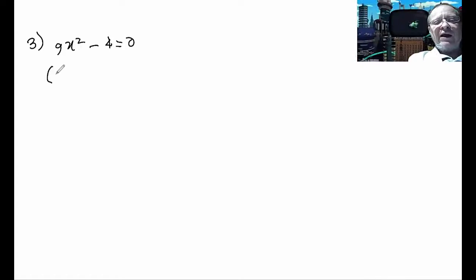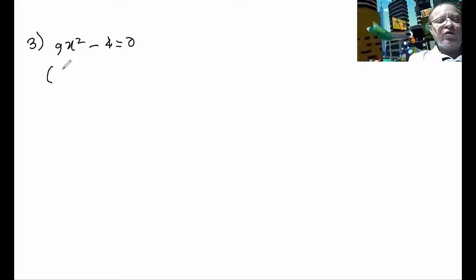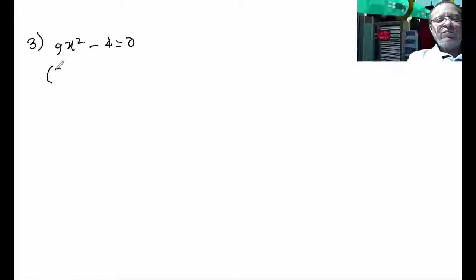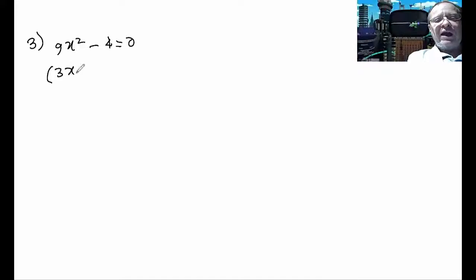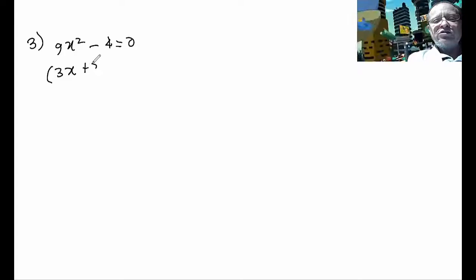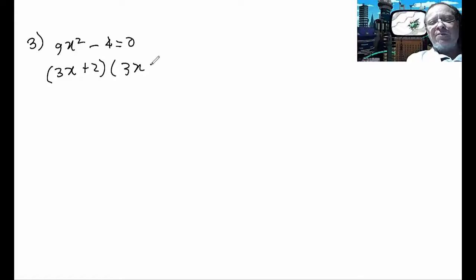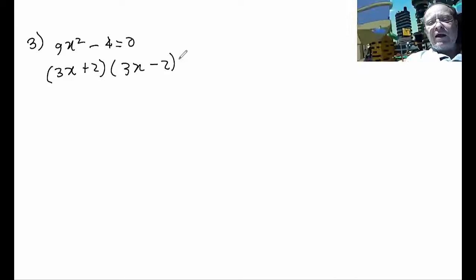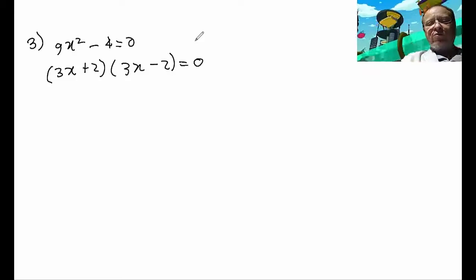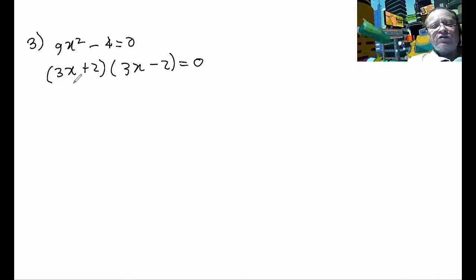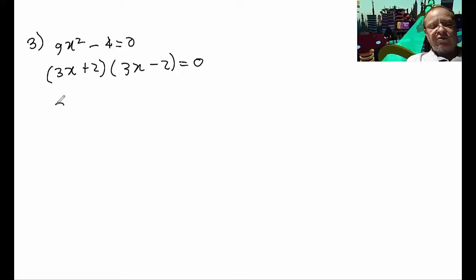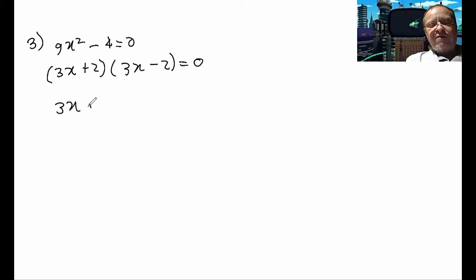So we could factor that in the following way based on a trick we learned earlier. So we can say 3x plus 2, and that factors to 3x minus 2, and it's equal to 0. Then we set each of these factors equal to 0 as before.